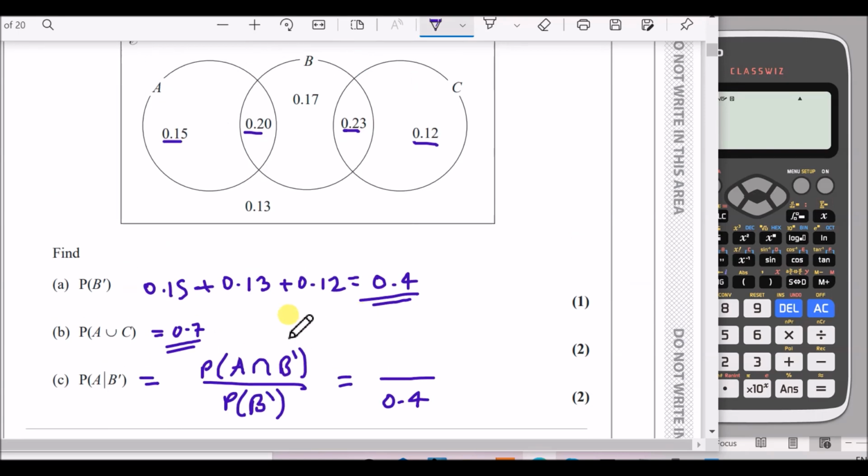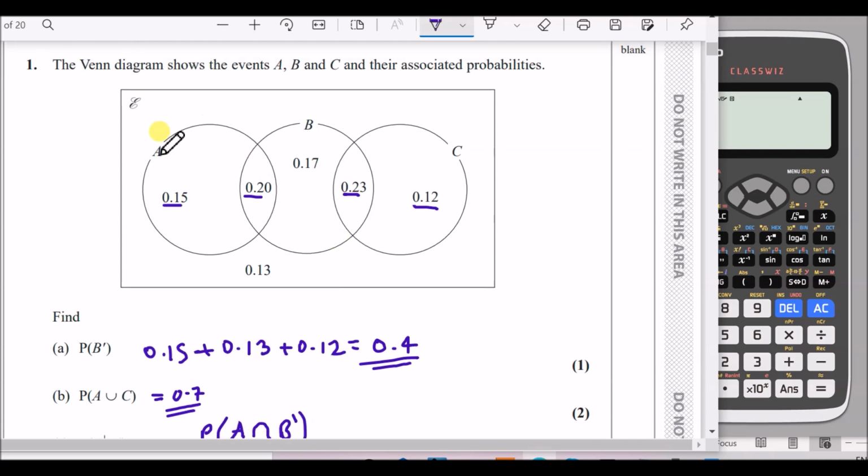Now the top half, the intersection of A and not B. All we care about is where A and not B overlap. A is everything in the circle, consisting of these 2 values, 0.15 and 0.20. Not B, we said, is everything outside the B circle, so we have 0.15, 0.13 and 0.12.